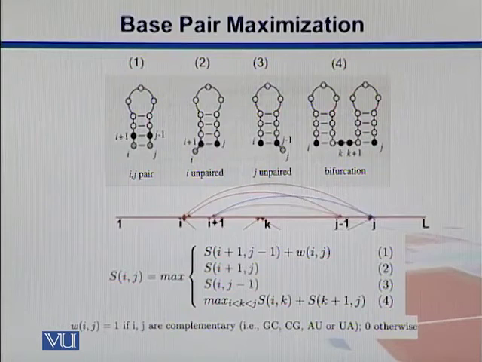If they pair up with one another, obviously we will have a higher score or more weight. The other situation is we can derive our score from S(i+1, j), so in that case, i stays unpaired. The same way, the other 2 cases, bifurcation and where j is unpaired, are also in the equations.